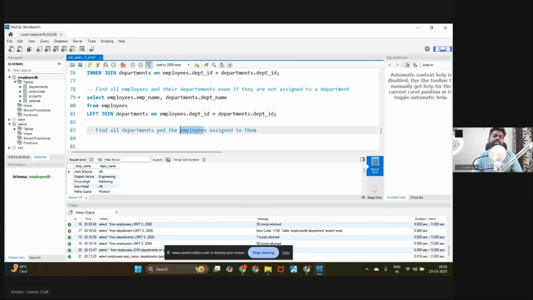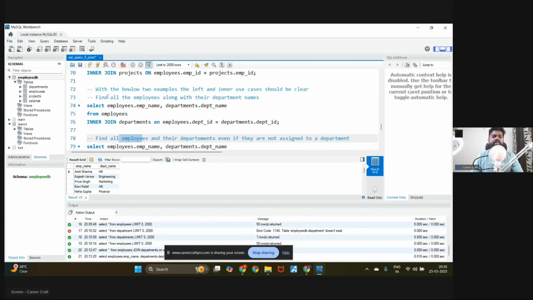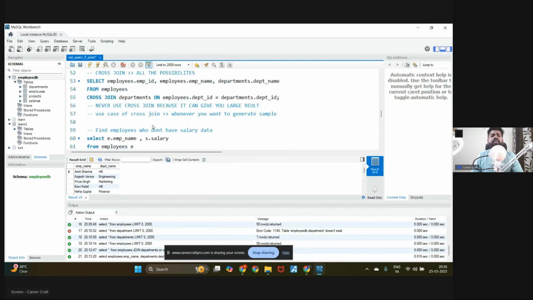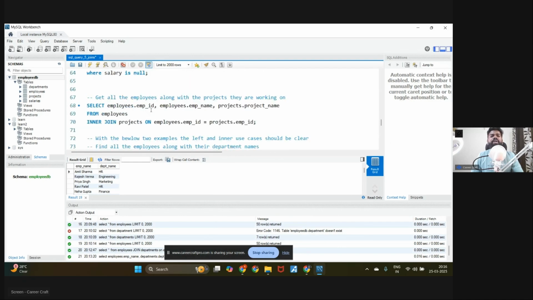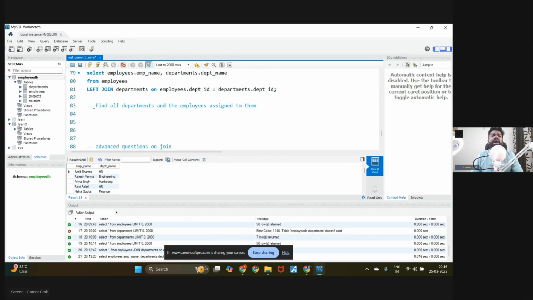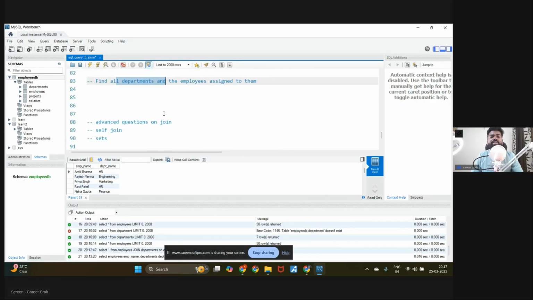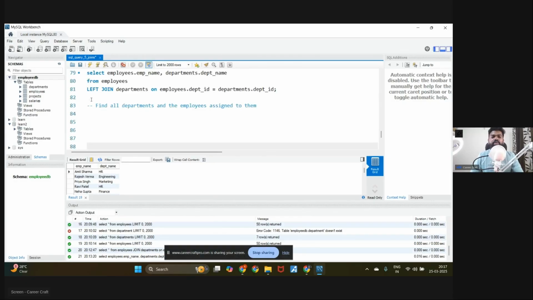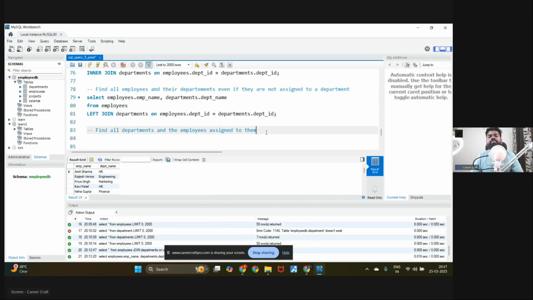Till now, we always saw the employee table first, like "find all employees." But this time I have kept: find all departments and the employees assigned to them.